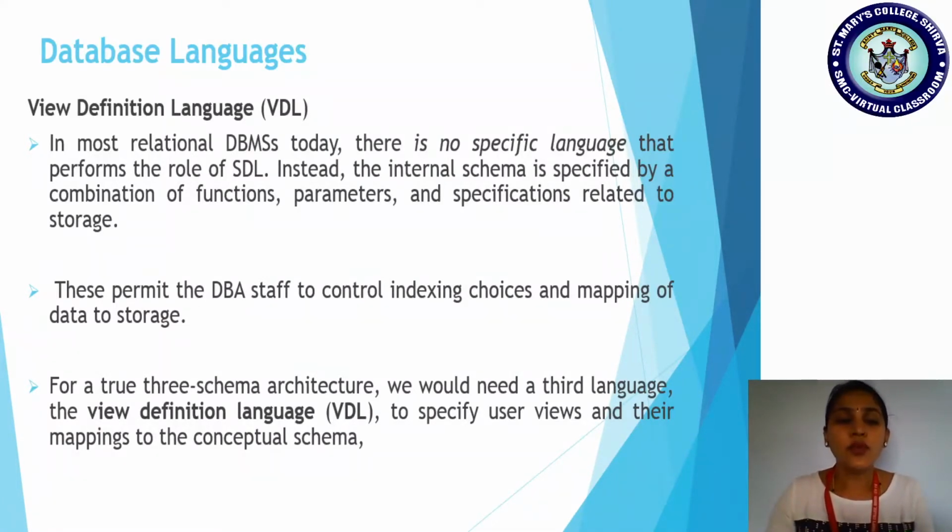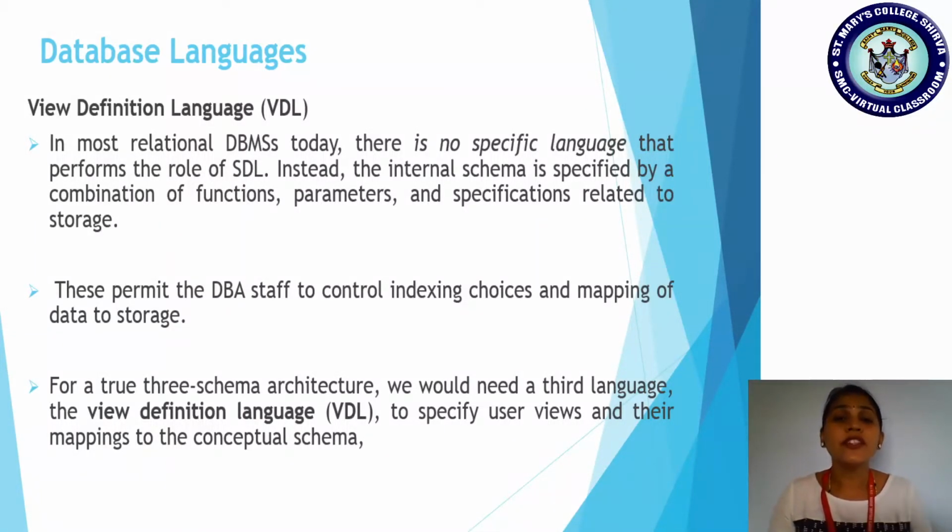And for a true three schema architecture, we would need a third language, the view definition language, to specify user views and their mappings to the conceptual schema. So according to the three schema architecture, we have an external level or external schema where the end users are trying to access the data stored at the low level, the internal level. End users will not know the low level details.